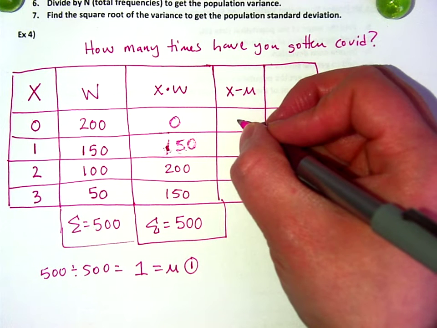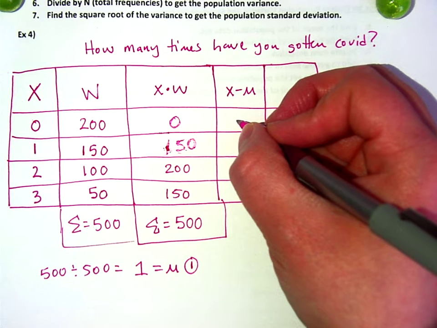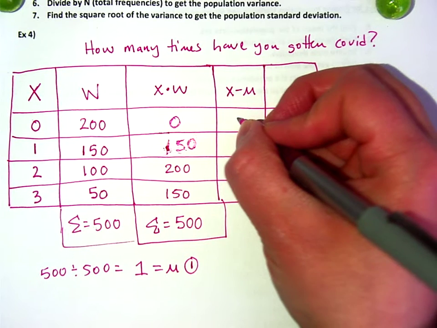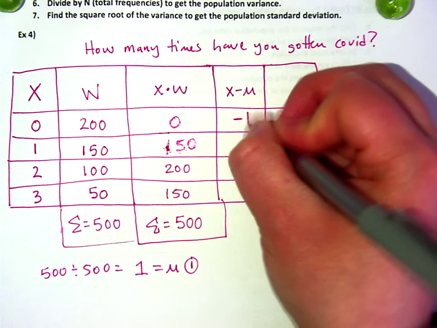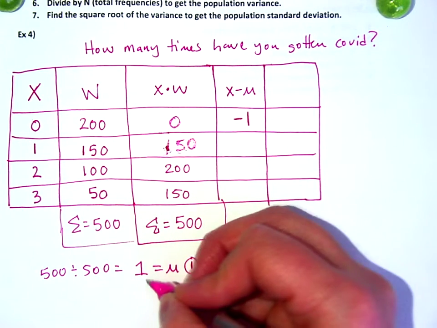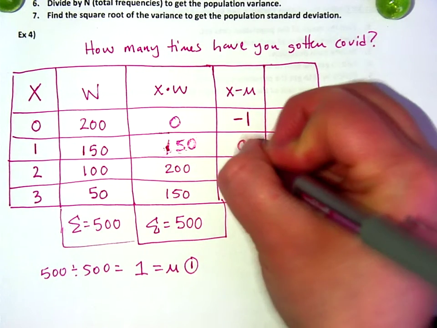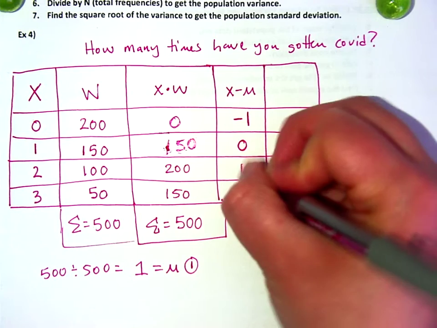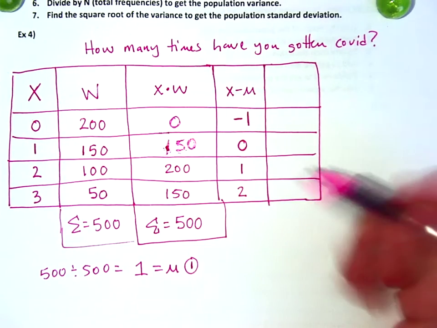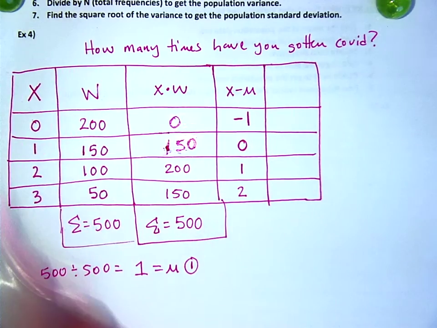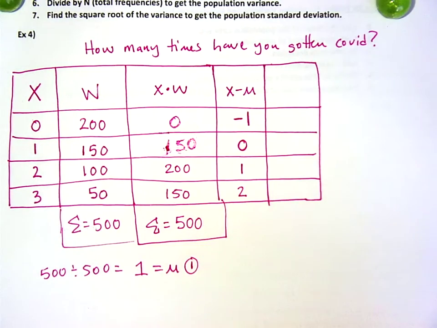What should I put here though? 1 or negative 1? Because it's how far it is from 0, or how far it is from 1, so it's 1 below 0, or 1 below 1. And this is exactly on my deviation. This is 1 above it, and this is 2 above it. So again, it would be 3 minus 1, or 0 minus 1, which gets you those negative numbers.